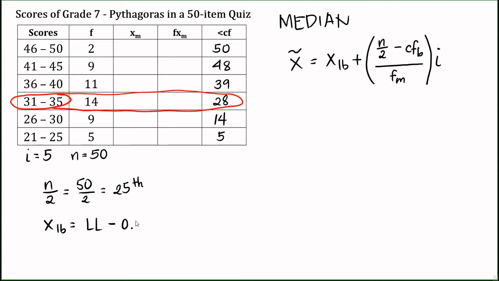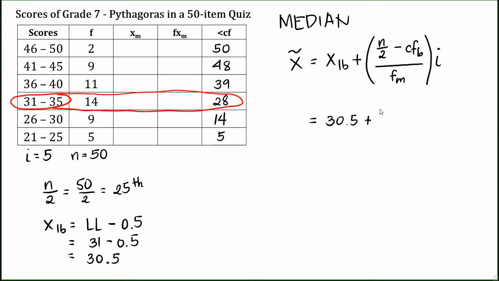So, 0.5. Ang lower limit ng median class natin ay 31. So, 31 minus 0.5 is equal to 30.5. So, yun po yung XLB. Ayan. So, 30.5.